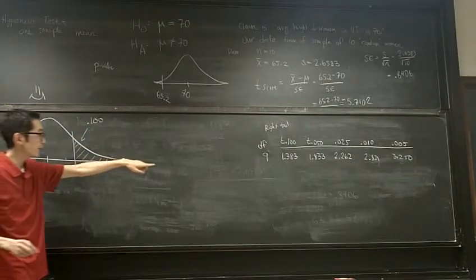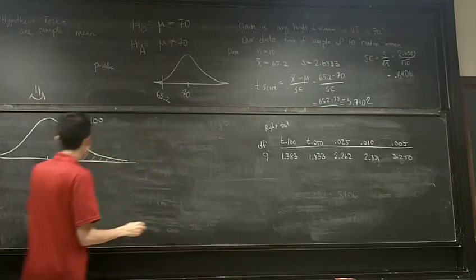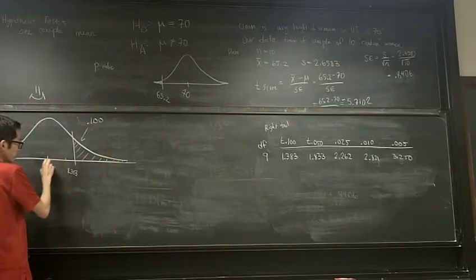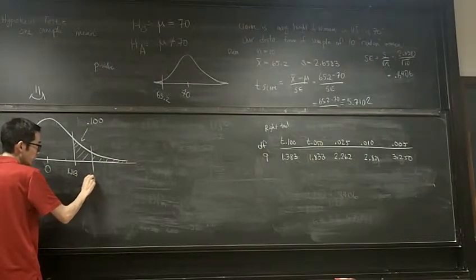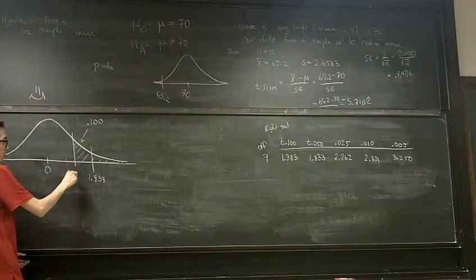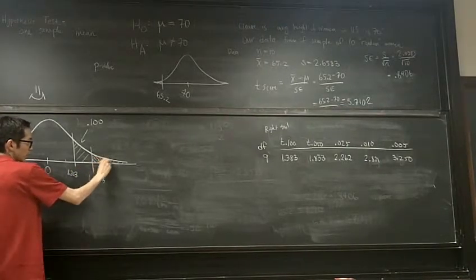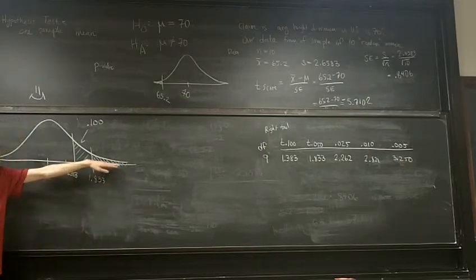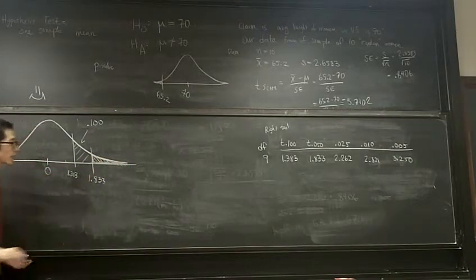All right. So if I go further away from 0 to 1.833, so 0 is over here, 1.383, and now I'm at 1.833, I'm going to have less in the tail, right? The amount that's further out here, I'm going to have less.